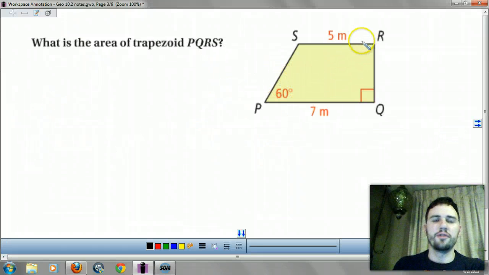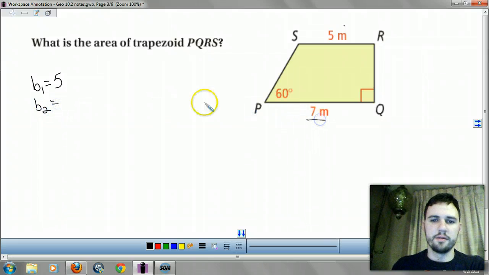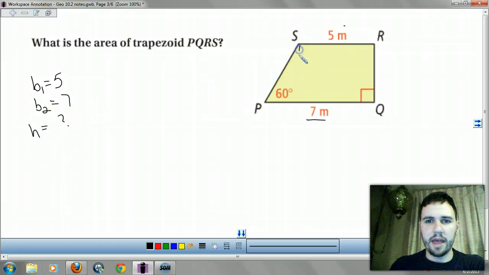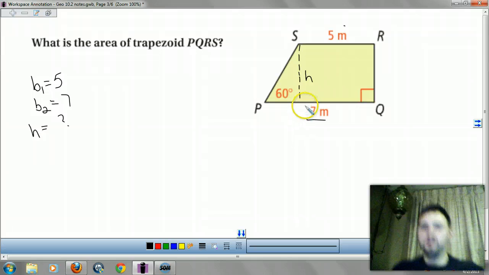What's the area of this trapezoid? So my base 1 is 5, base 2 is 7. My height is, well, my height would be right here. Very peculiar, quite peculiar indeed.